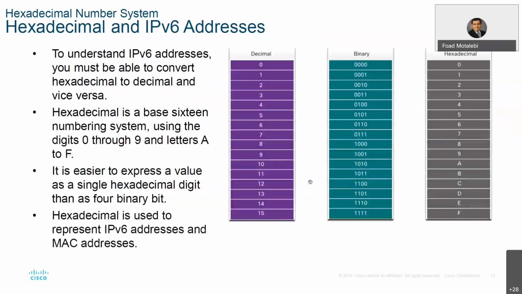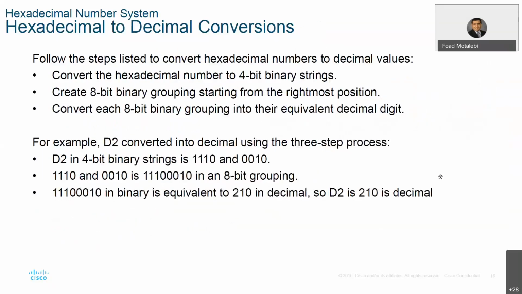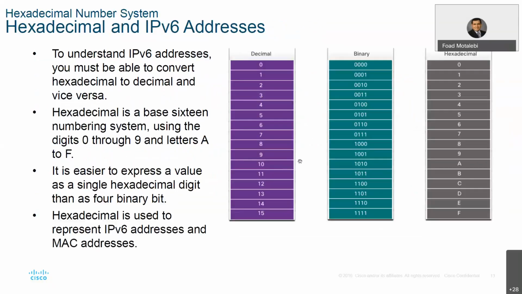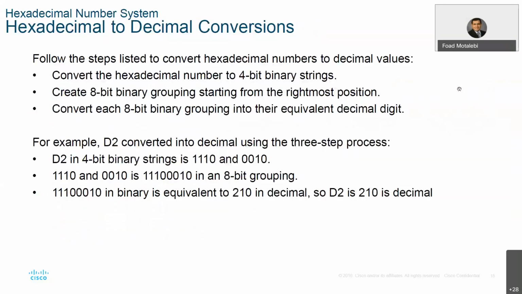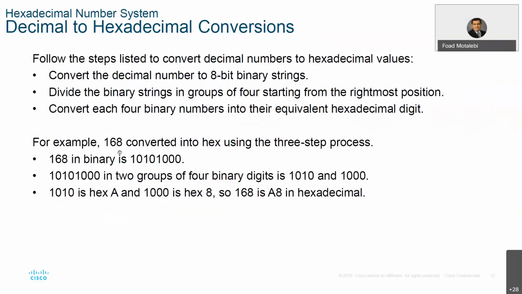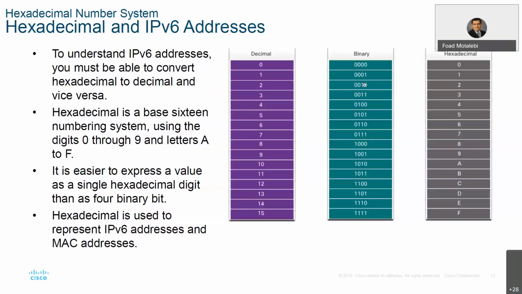So you have to look at this table. 1010, that would be A. And the other one is 1000, I made a mistake earlier, 1000.